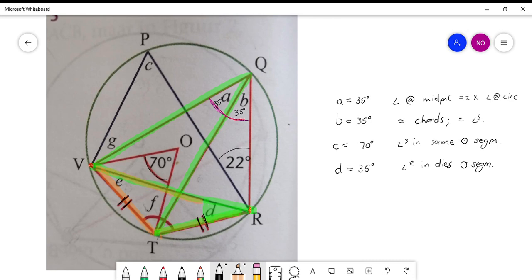What type of a triangle is that? Isosceles triangle. Do you agree? Sien julle? Hierdie driehoekie hieronder is 'n gelykbenige driehoek. Né? So in other words, the angle E must also be equal to 35 degrees. En jou rede is hoeke teenoor gelyke sye. Angles opposite equal sides.